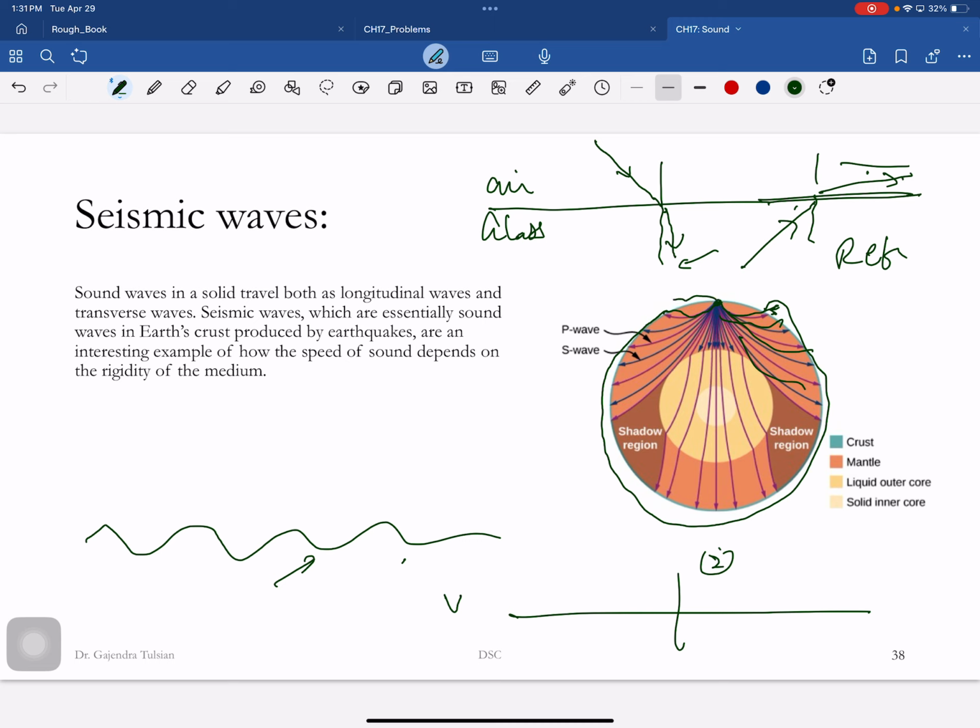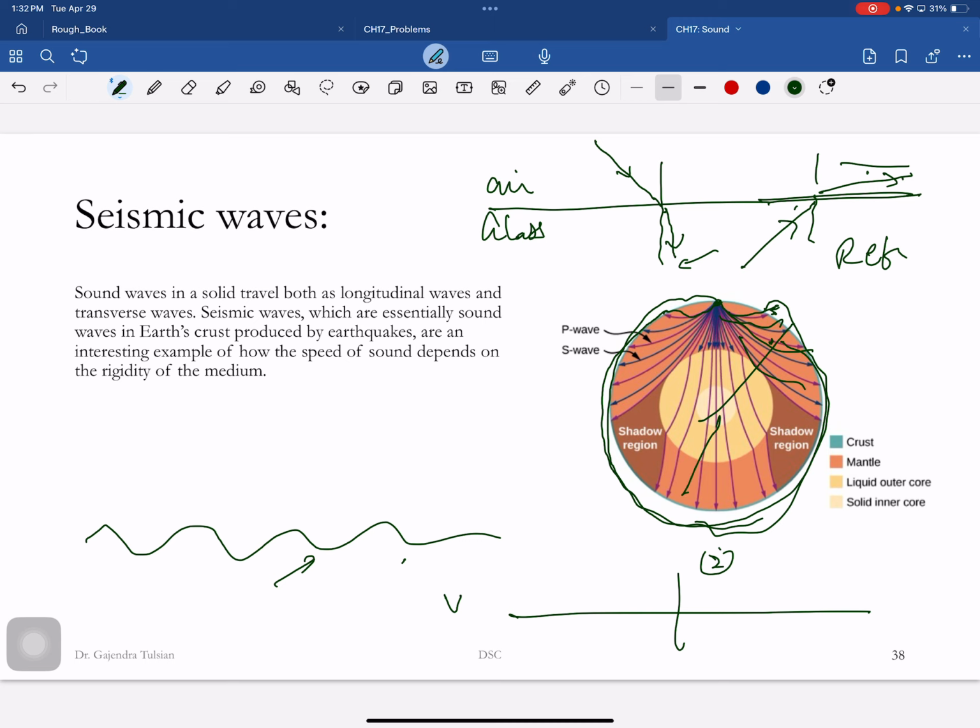And you have data from hundreds of thousands of earthquakes, from hundreds of thousands of seismometers. You put it all together, and you can calculate the speed at a given location, which is related to the property of the medium, and that's how you reconstructed the internal structure of the Earth.